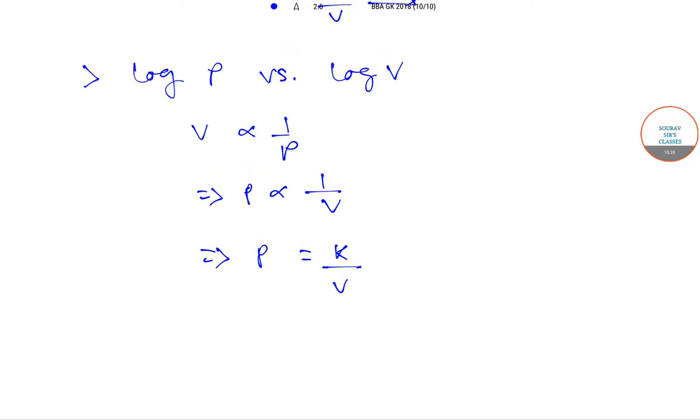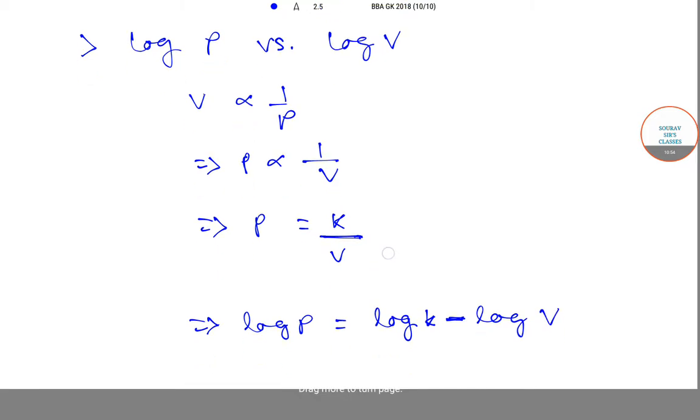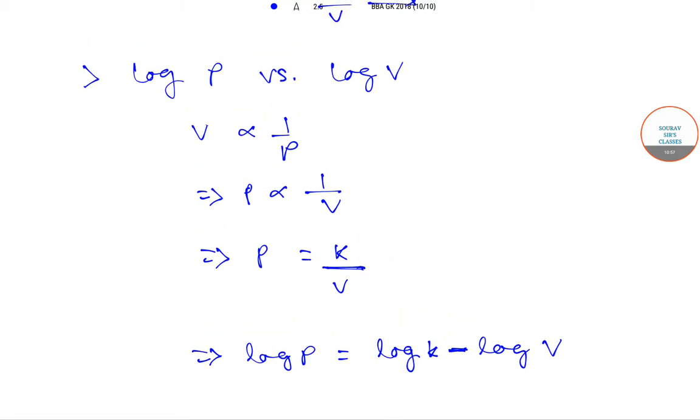So taking log on both sides, it will be log P equals to log K, and the divide will be minus in case of log. So log K minus log V. Hence the plot of log P versus log V will be like this.